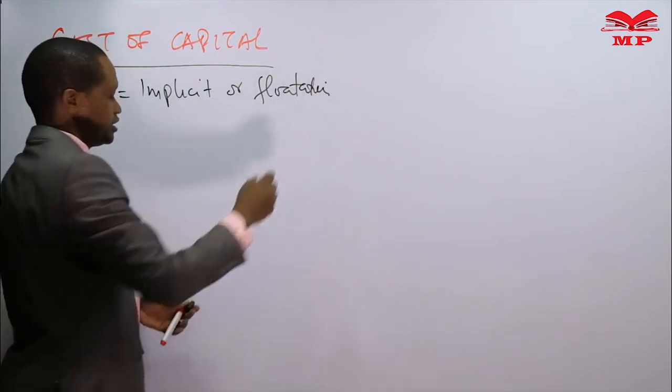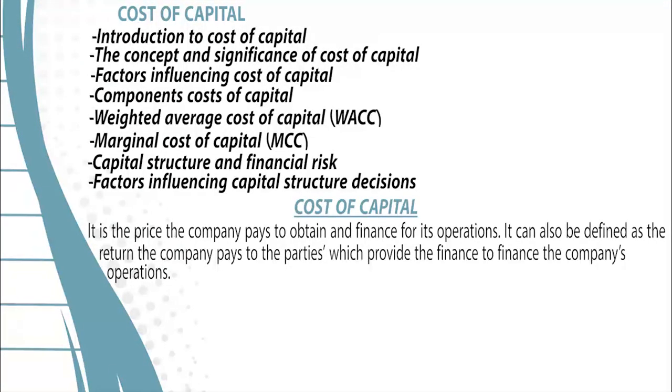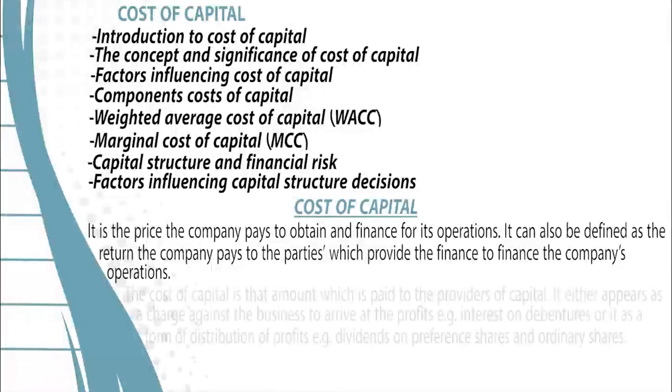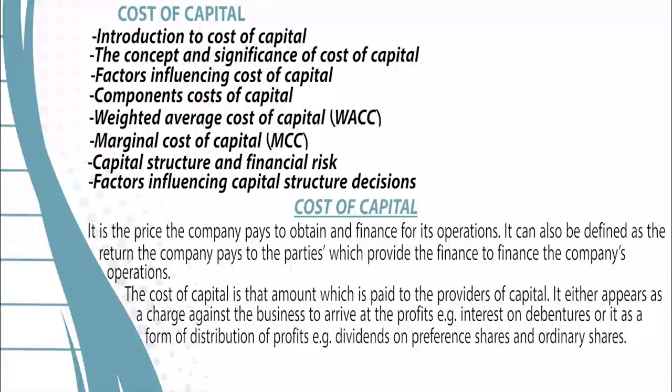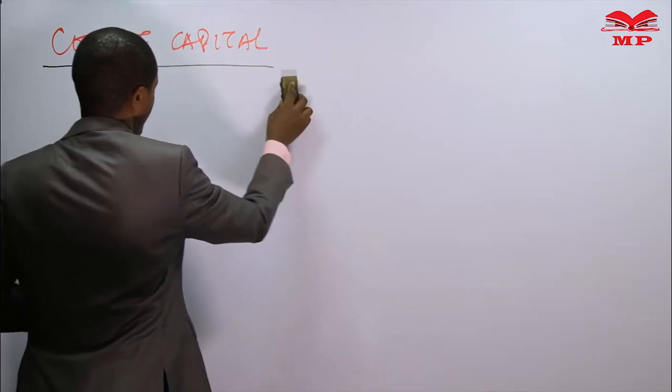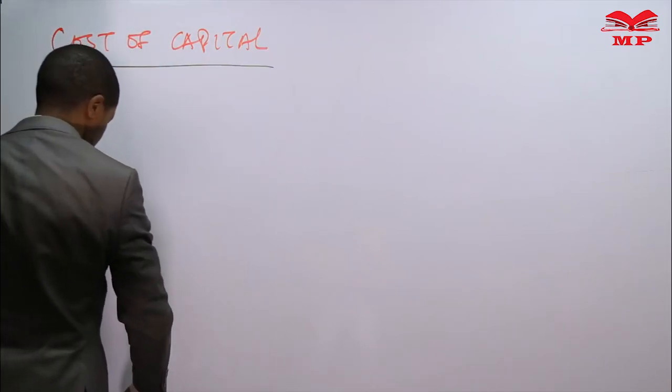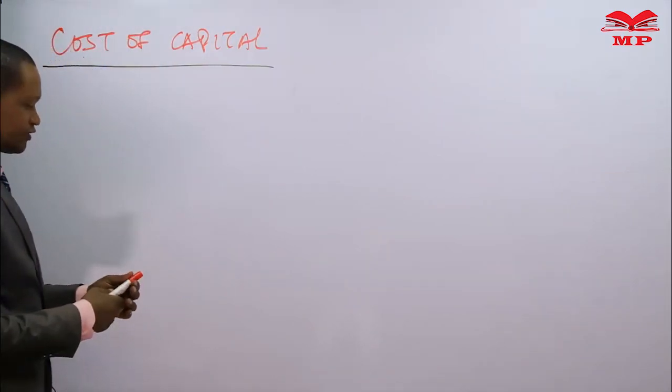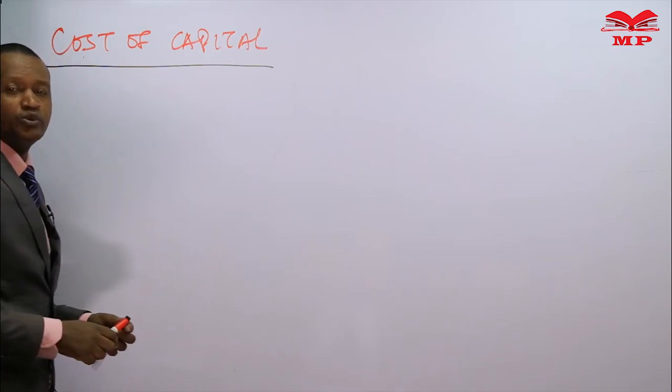The cost of capital is that amount which is paid to the providers of capital. So the providers of capital, those who provide capital to the firm, can be looked at from two perspectives.